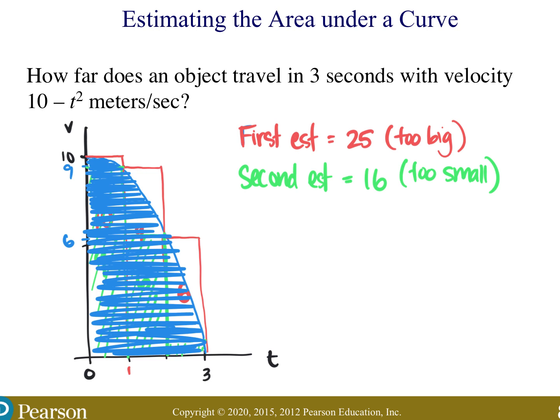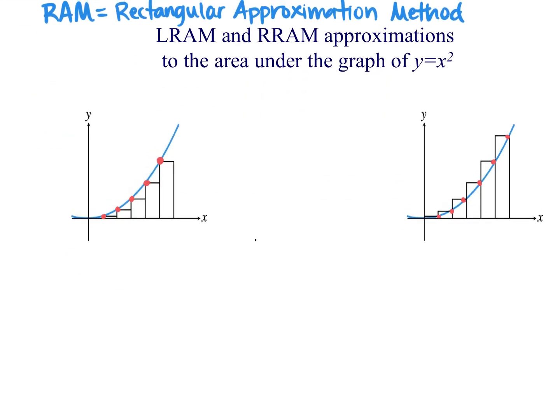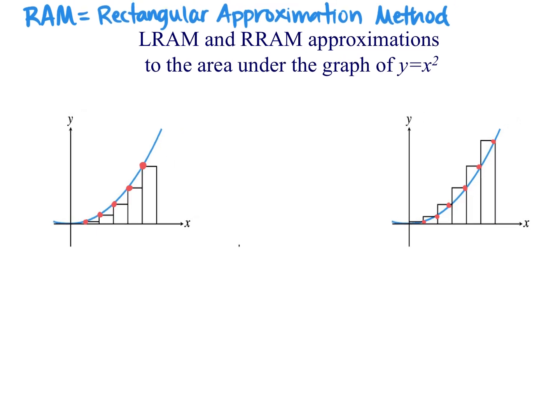The reason the left ones are too big is because the concavity of the graph is downward. But in this situation, because the concavity is upward, all the left-hand ones are too small. And if the left-hand ones are too small, then the right-hand ones are too big, or vice versa. It all depends on your concavity.